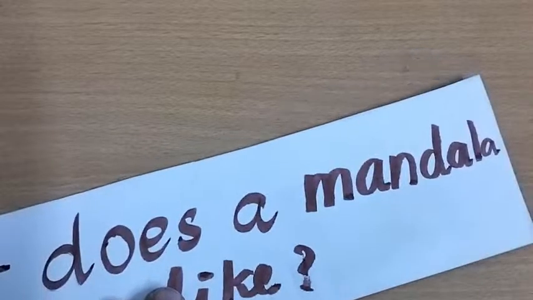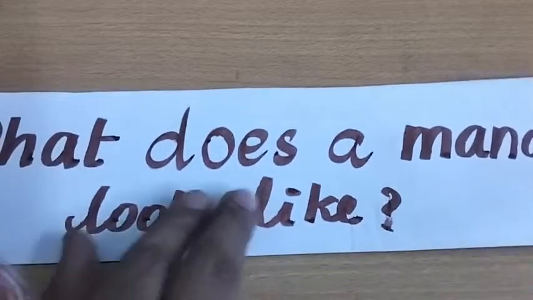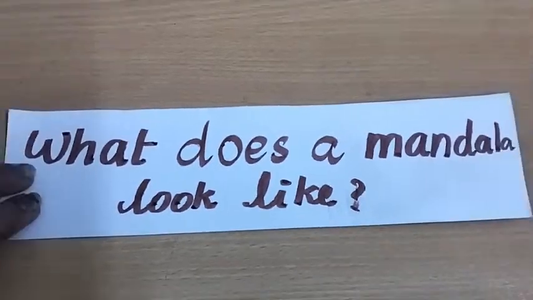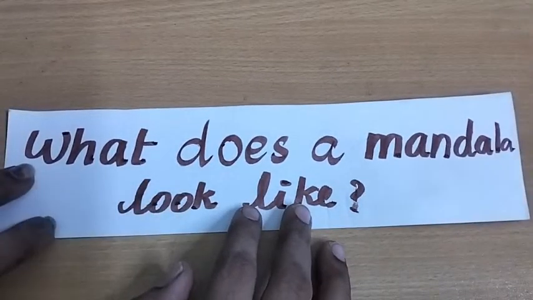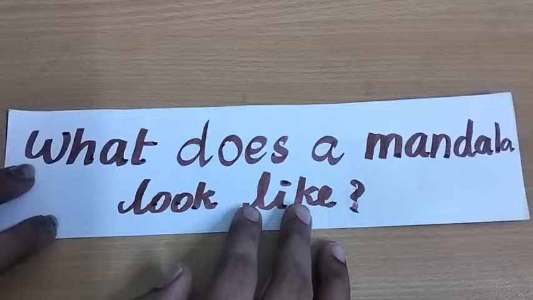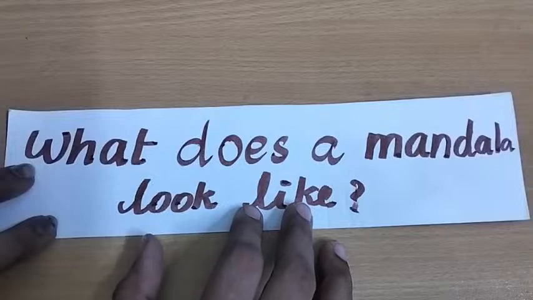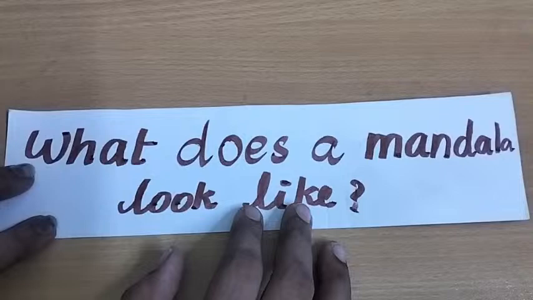I already told you I'll give you a detailed explanation of what a mandala looks like. Traditional mandalas are created as a circular representation in which the colors, patterns and shapes are repeated in layers emanating from the center of the circle.